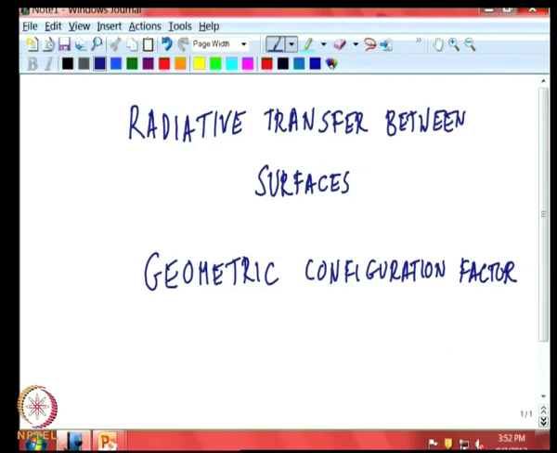It tells you what is the fraction of radiation that leaves one surface and reaches another surface, and under certain conditions, this is purely dependent on the geometric configuration of the two surfaces and nothing else. So, it makes the analysis of radiation problem somewhat simpler, because you can separate the radiation part of the problem and the geometry part of the problem easily, and you will see examples where this makes our computation somewhat easier.